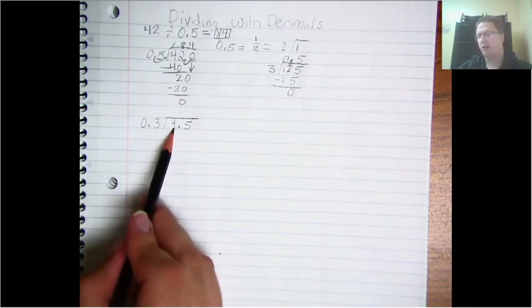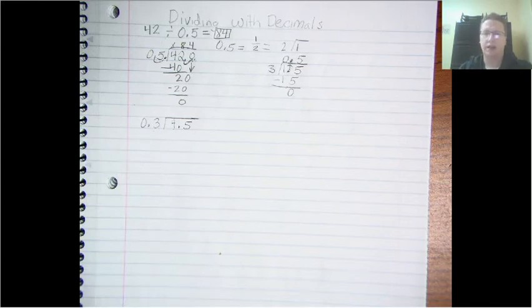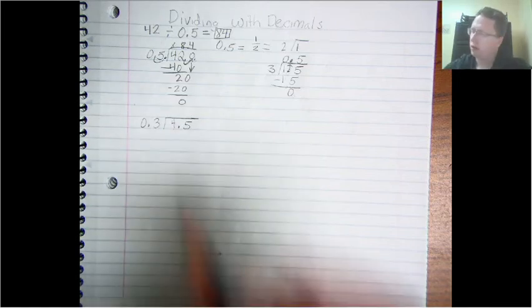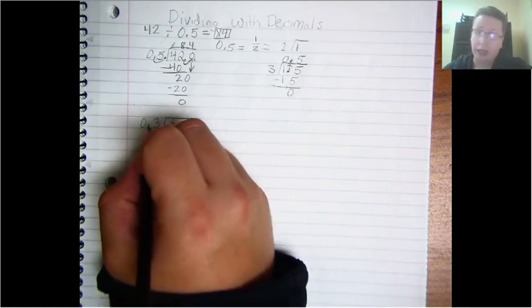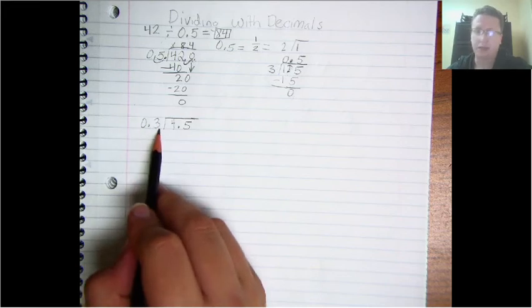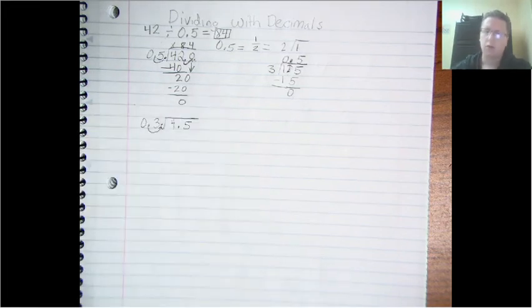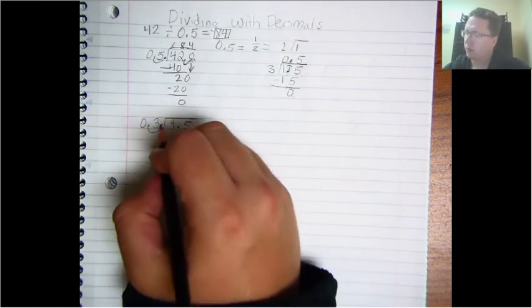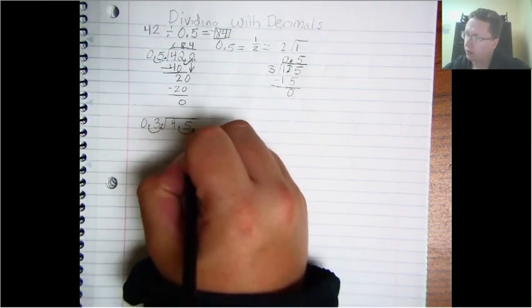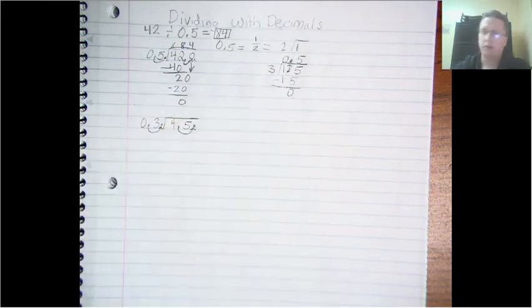You have a decimal underneath and a decimal inside. Some of you may think, oh my gosh, that's a lot more confusing than I thought. Well, we can't divide by a decimal, so we need to make this a whole number. We move this over one place, which means on the inside we need to move over one place as well. So instead of 4.5, it's now 45.